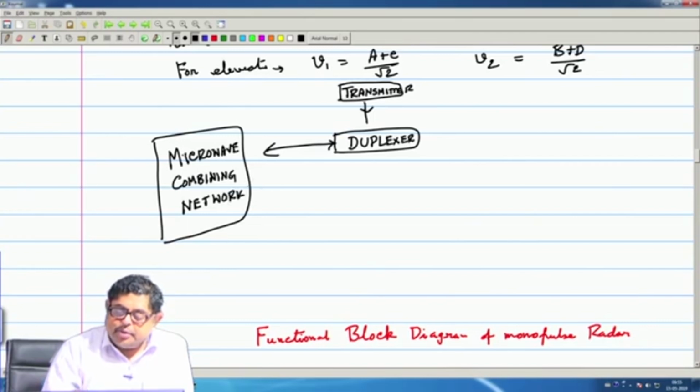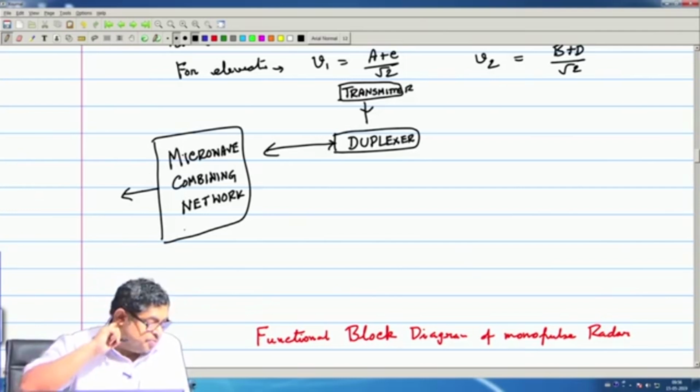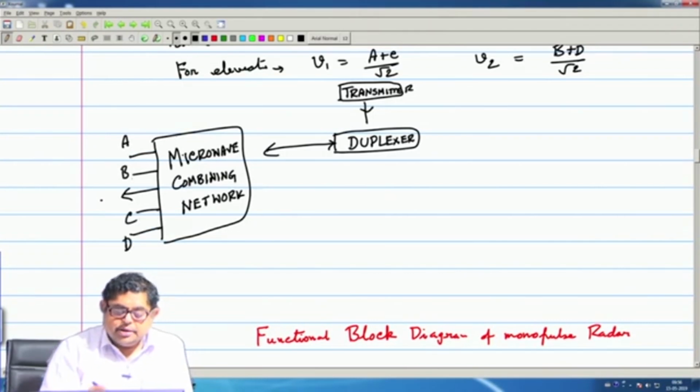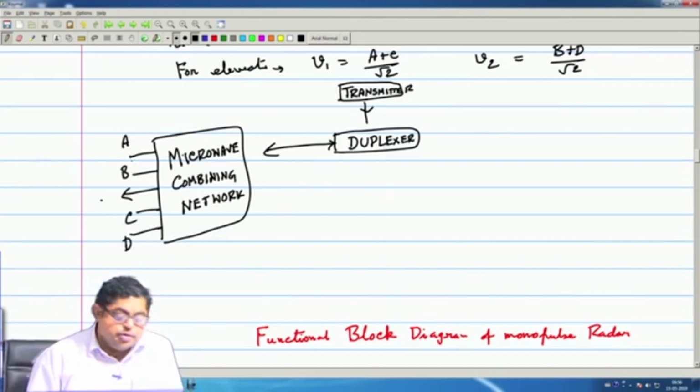We will see later. The signal from this network goes to the 4 feed horns. We are calling them A, B, C and D. These are the 4 feed horns.